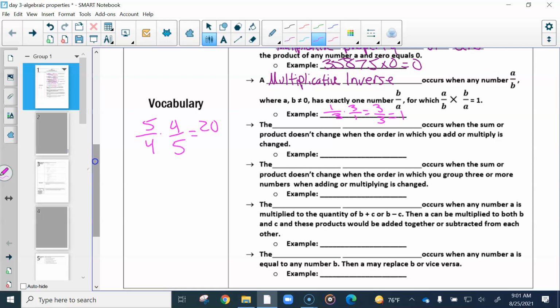It's going to be 20 over 20. Now, once you see that these are the same, you don't really need to actually multiply them across. Because I can say that 5 divided by 5 is 1, and 4 divided by 4 is 1. So you have 1 over 1, which is 1. Both ways work, but we'll get more into that later.